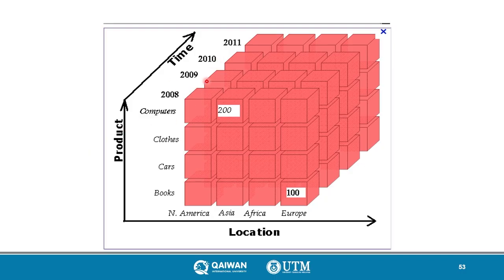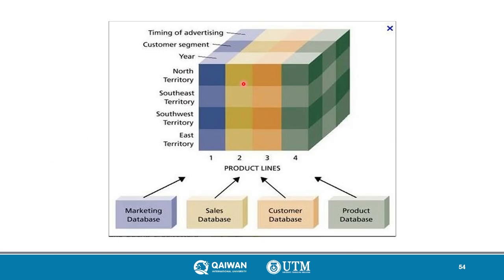From the product, time, and location, we could have North America, Asia, Africa, Europe, and of course, based on time, the time range 2008, 2009, 10, and 11.